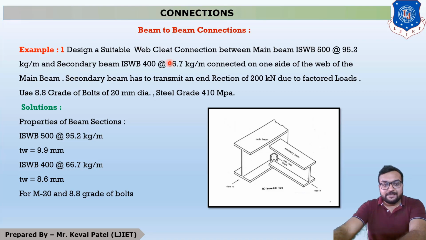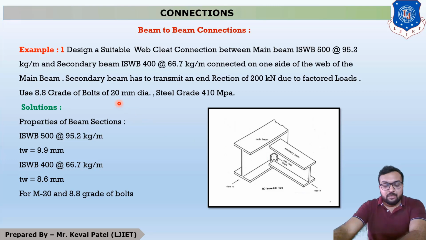So as discussed in the question, our figure will be like this. This is our ISWB 500 and this is our ISWB 400. Now this secondary beam is connected to the web portion. So you can see that it is on one side of the web of the main beam. It means this is our main beam and secondary beam is connected on one side of the web of main beam.